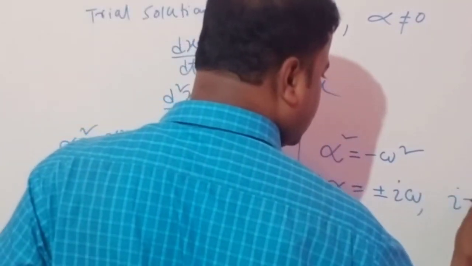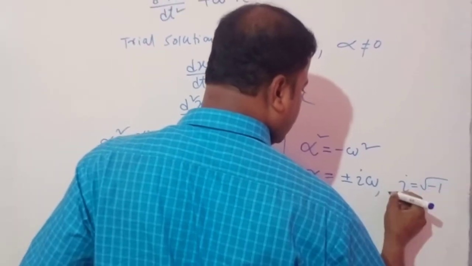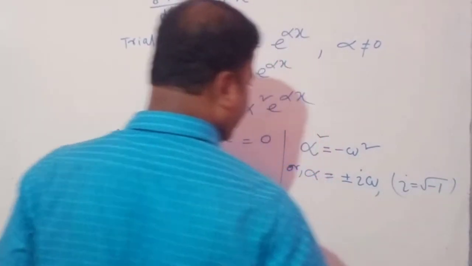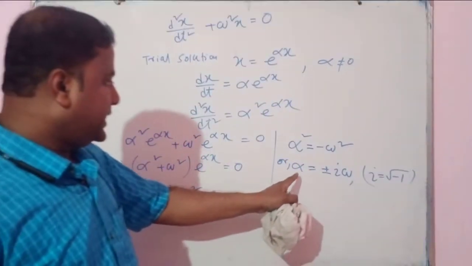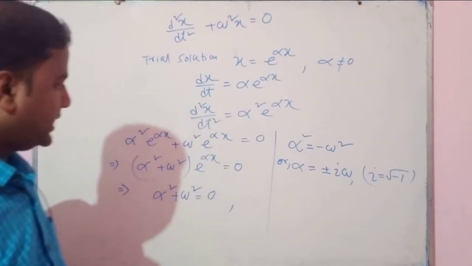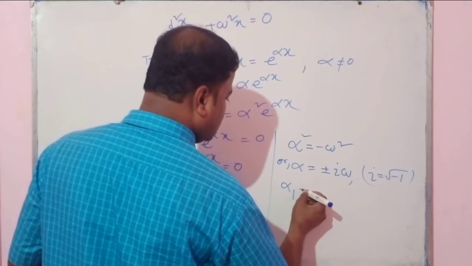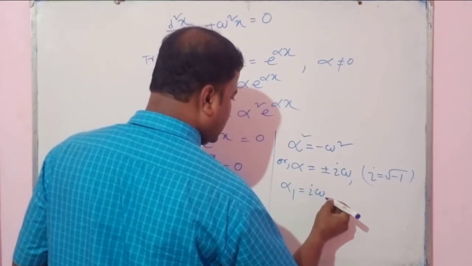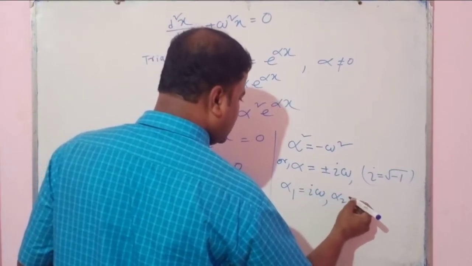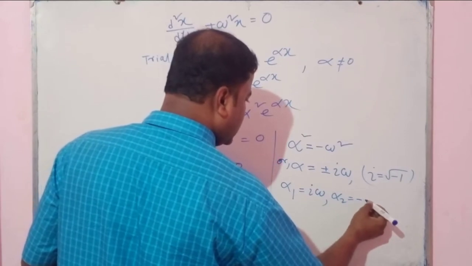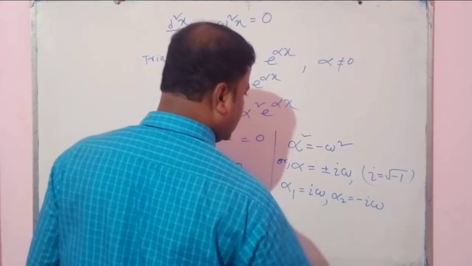Here i is the imaginary number. We see that we have two roots of alpha. One is alpha 1, that is i omega, and another is alpha 2 equal to minus i omega.